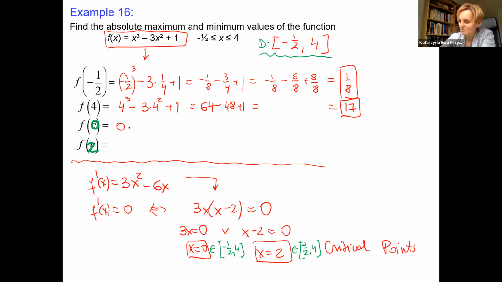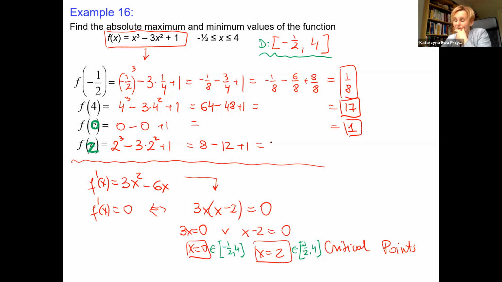Let's do the arithmetic. If we substitute 0, 0 plus 1, it's equal to 1. If we substitute 2, 2 cubed minus 3 times 2 to the power of 2 plus 1. 8 minus 12 plus 1, negative 3.